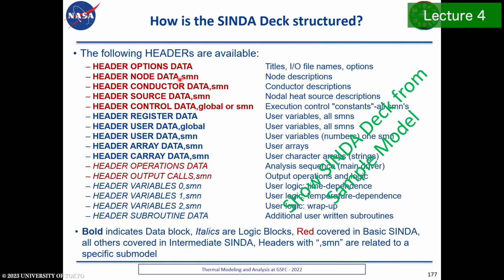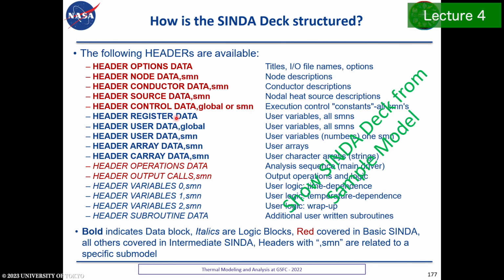You'll have node data, and you'll notice these SMNs after it. That means I could have multiple node data blocks, but they each have an identifier after it for what submodel that applies to. So node data has the definitions of nodes, conductor data the definition of conductors, and then sources. Control data can be specific to a particular submodel, or it can be global, which means it would apply to all the submodels until it's overridden by something else.